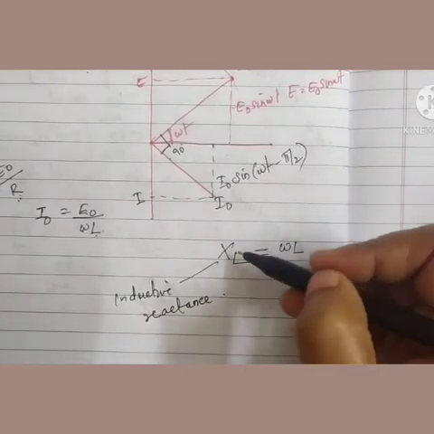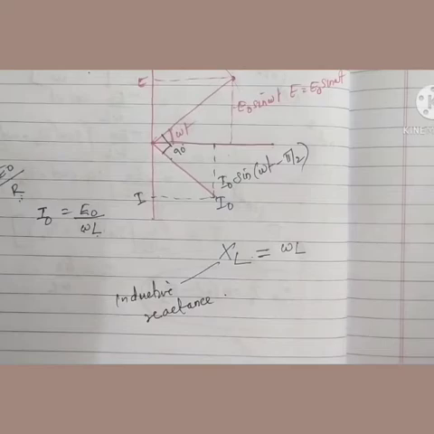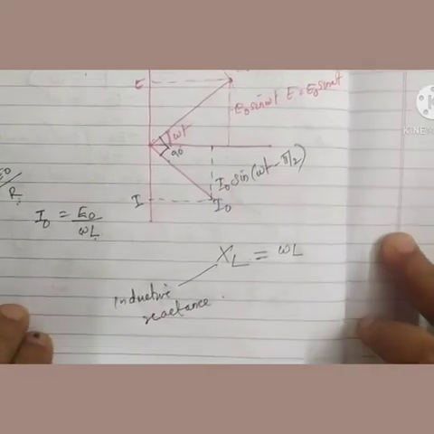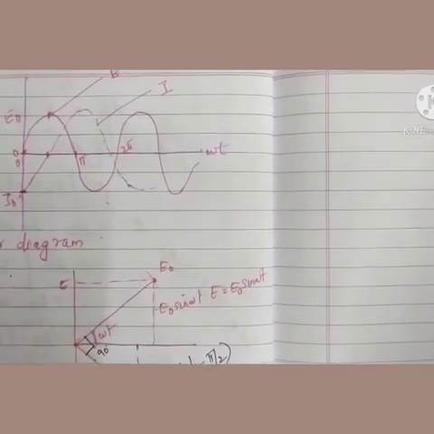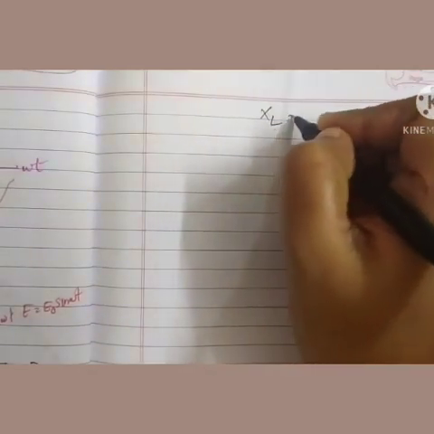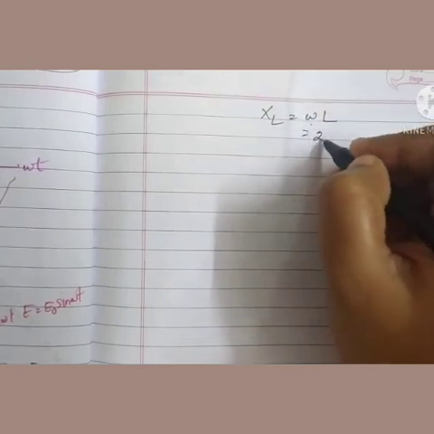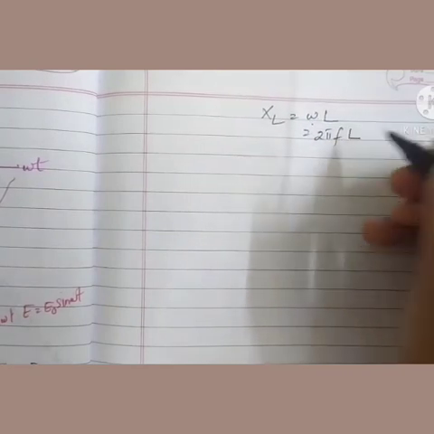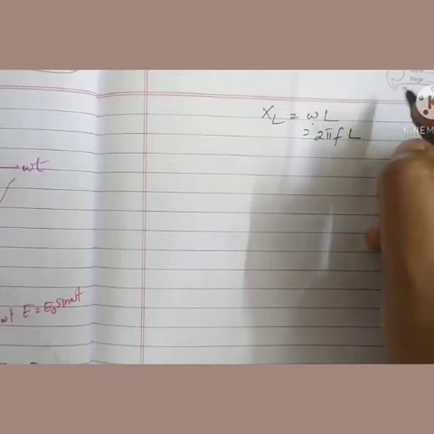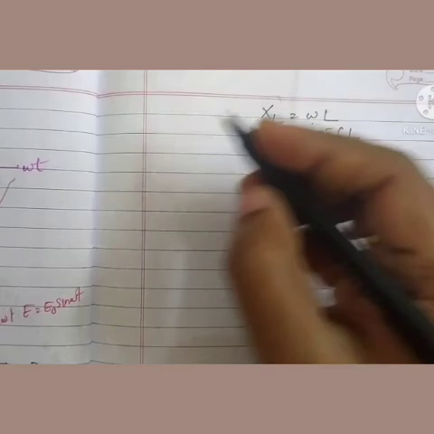Clear? So this XL is the resistance in an inductive circuit. Also from this expression you can see that XL is equal to omega L, and omega is 2 pi f, so XL is 2 pi f into L. So the dimensions of this inductive reactance are the same as those of resistance.